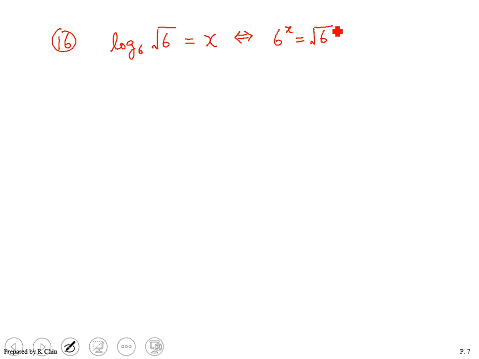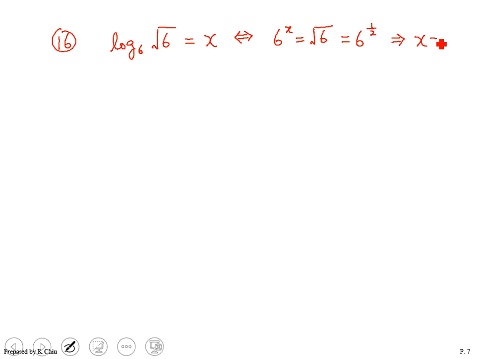On the left side, I have 6 to the something. On the other side, I have a radical form. Can I turn the radical form into an exponential form? That would be 6 to the what? 1 over 2. So if that is the case, can you tell what x equals to?